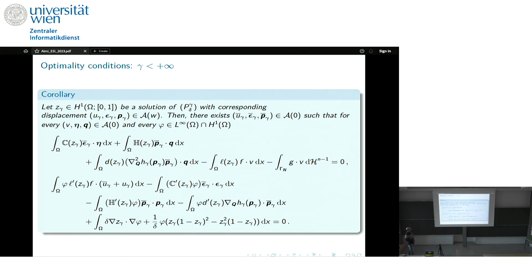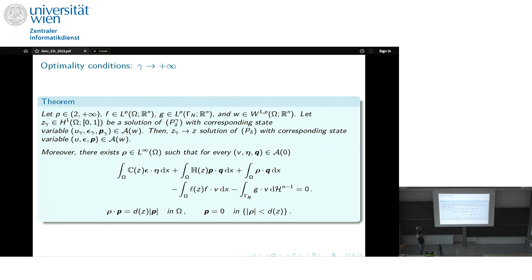And in particular, here is everything that you can write explicitly, in the sense that this P gamma is a solution of the approximate problem, and this is the problem that you're writing here. Here it is written in terms of PDE, but you could also write it in terms of a minimum problem.